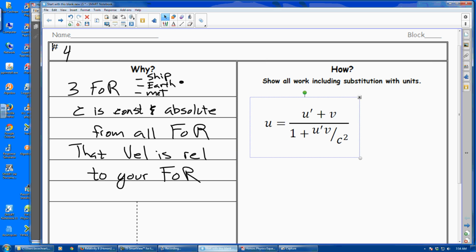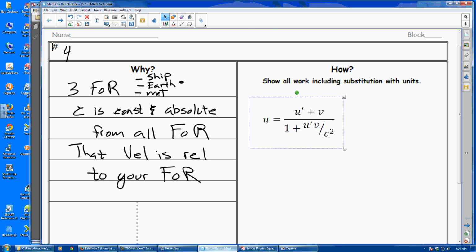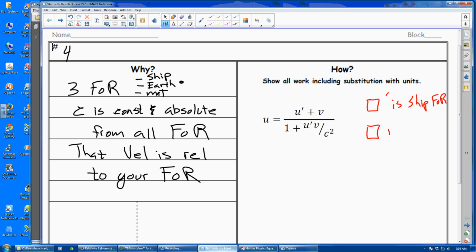It's important to remember that anything with a prime is from the ship's frame of reference, and anything without a prime is the Earth's frame of reference.